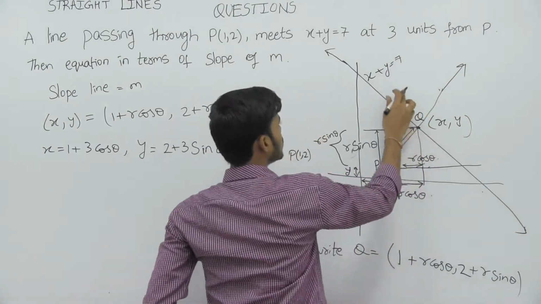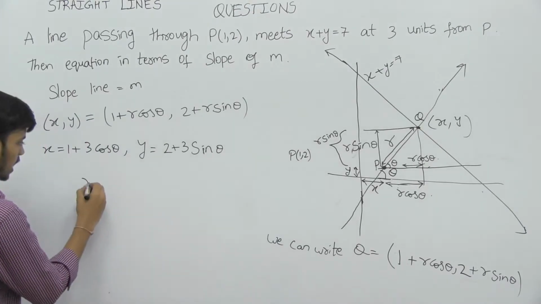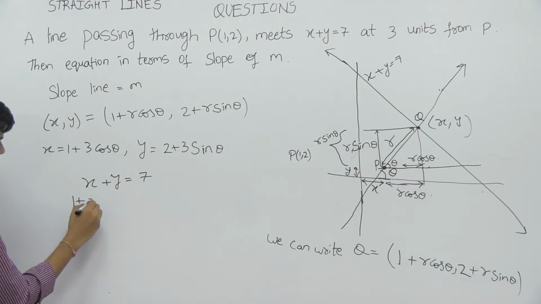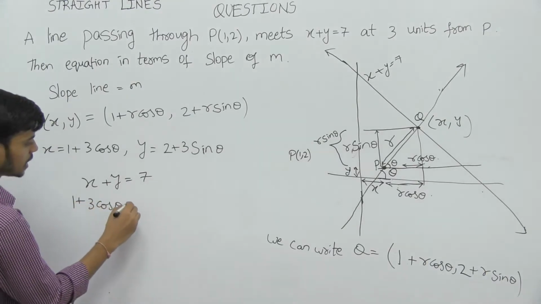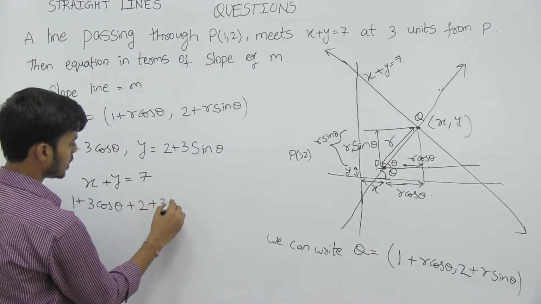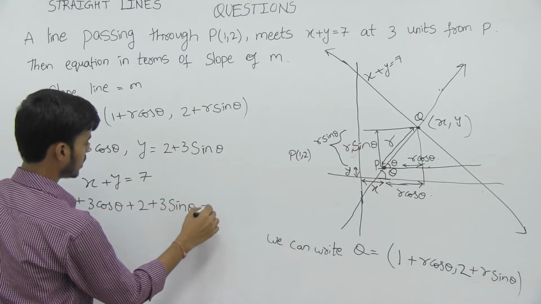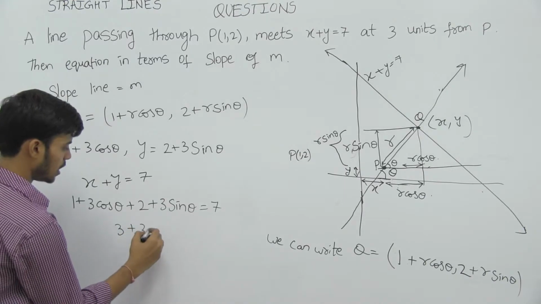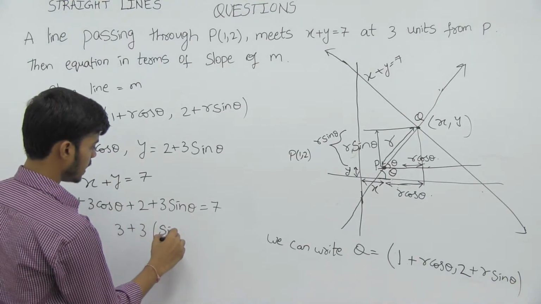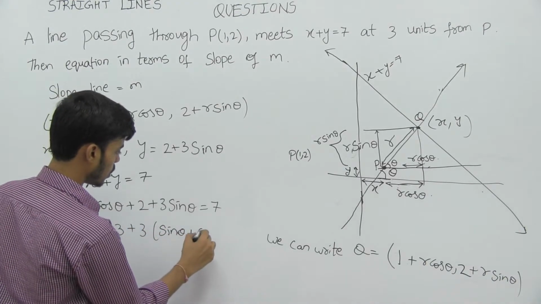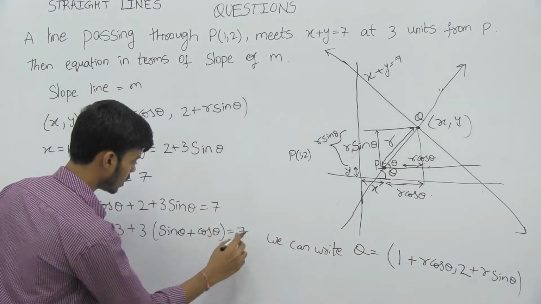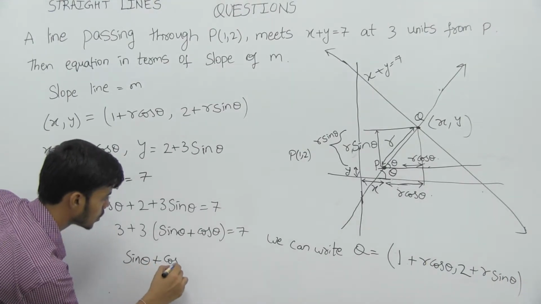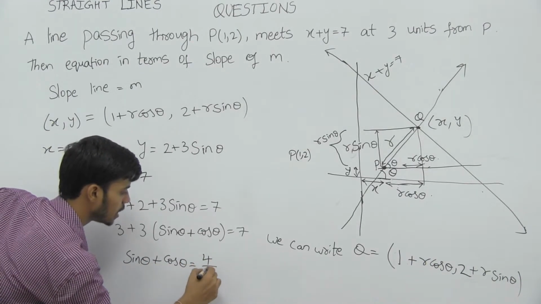So point Q should satisfy this line: 1 plus 3 cos theta plus 2 plus 3 sin theta is 7. We have 3 plus 3 times (sin theta plus cos theta) equal to 7. We get sin theta plus cos theta equal to 4 by 3.